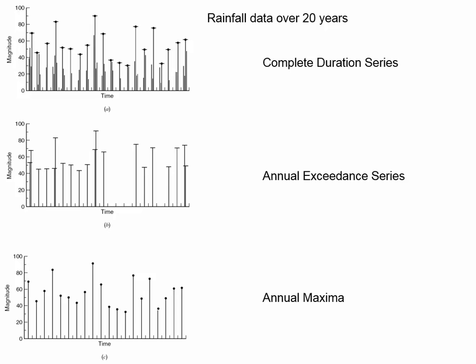Like if you're developing the return period, actually what you're supposed to do is look at the top 20 storms over the time period, not the biggest storm in each of the 20 years. And so annual maxima, it's interesting to look at what's the biggest storm in each year, but when you're developing calculations related to probability, it's actually the annual exceedance series that you're using to generate the return period storm.